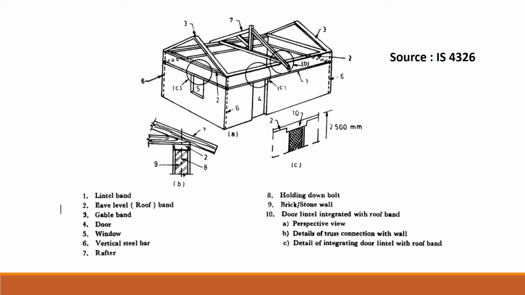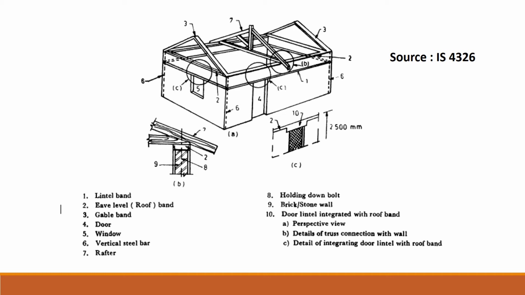Further, what we can also see is that at 8, the roof has to be held down into the wall. To do this, a holding down bolt is provided at 8, as can be seen in the sectional view as well, and we can see that this hold down bolt would certainly lead to a proper connection between the pitched roof and the masonry wall, such that they behave together.